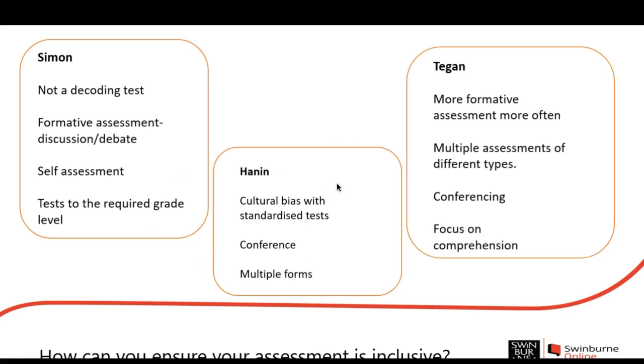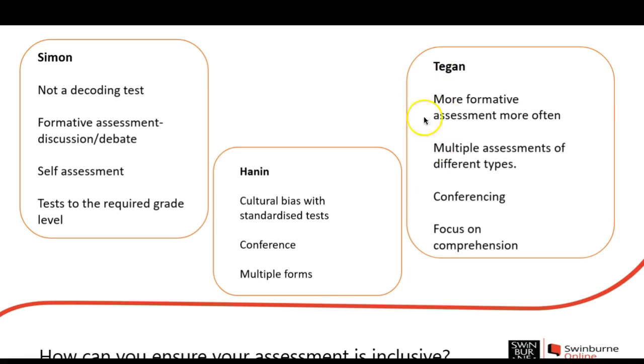There could be a story about a boy playing cricket in the backyard, and if that doesn't make any sense to her, then, obviously for any child, we don't want to limit it to just one assessment, but particularly in this case we want multiple forms of assessment, gathering lots of information. You'd want things like formative assessment, which assessed her ability to question and conference in different group settings.